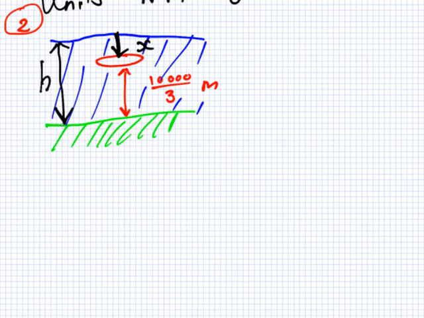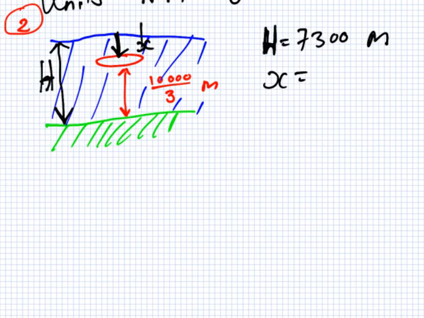It was something like 7,300. So then the x would be, I should call this maybe big H, and this maybe small h.